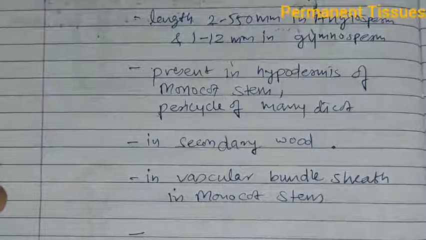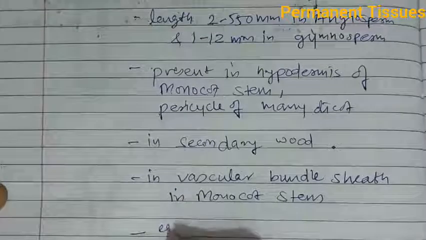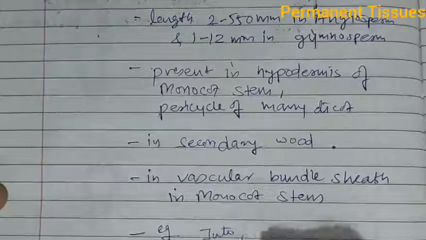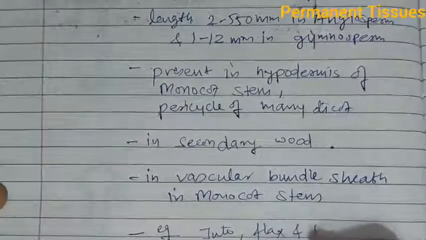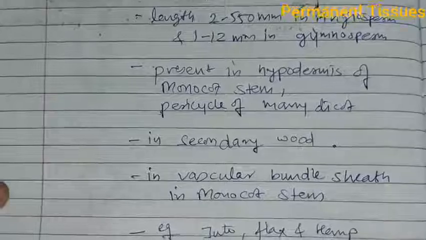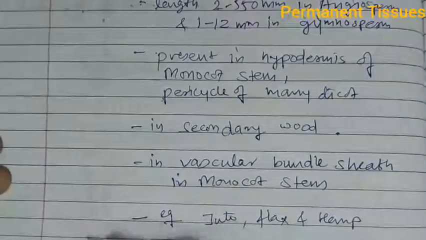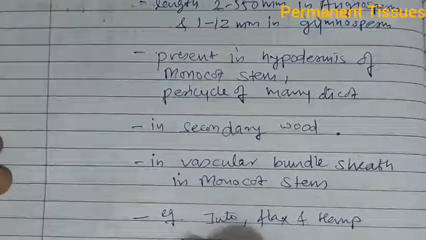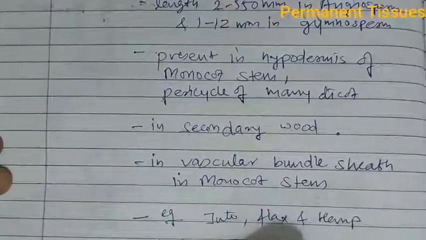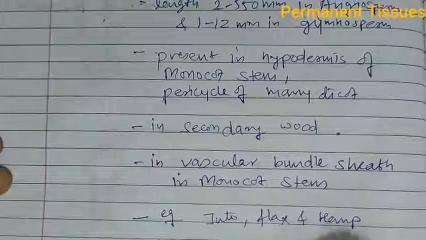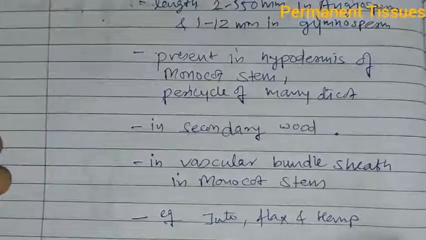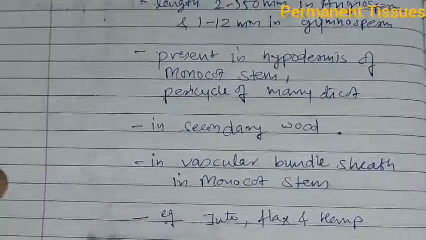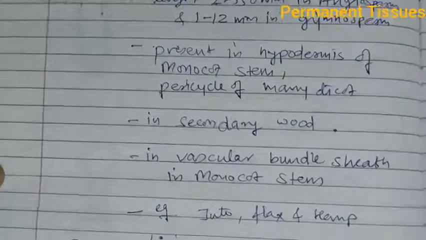This sclerenchymatous fiber, if we take an example, then jute, flax and hemp. Okay, if we talk about the living sclerenchymatous fiber, found in tamarix, and the function of sclerenchymatous fiber is to provide a mechanical support.